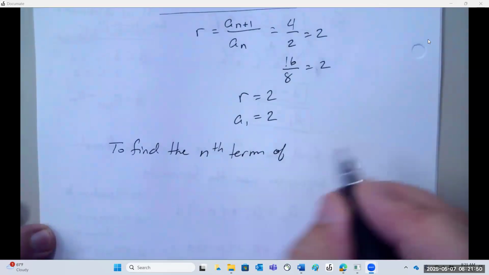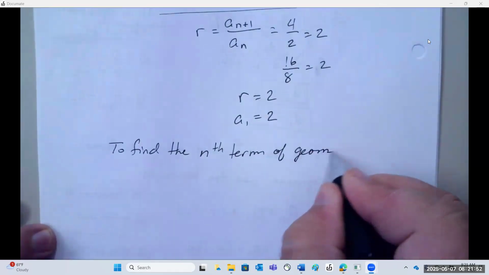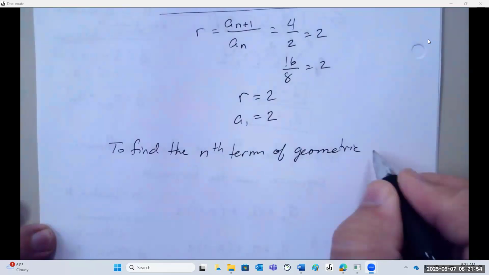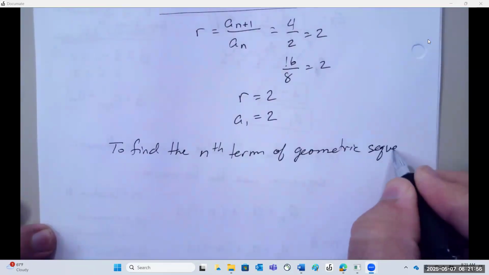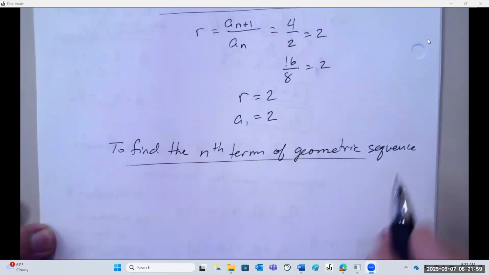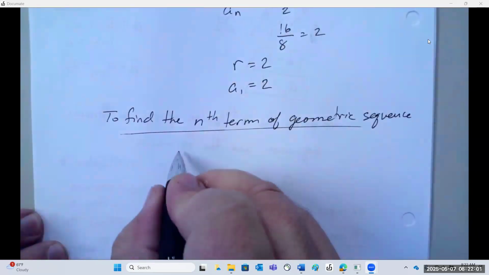To find the nth term of a geometric sequence, we use this formula.